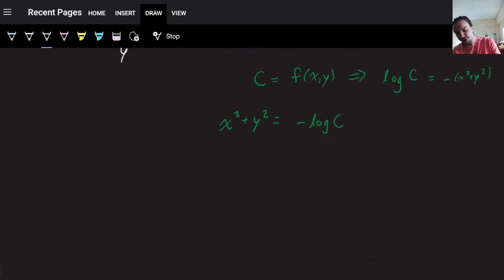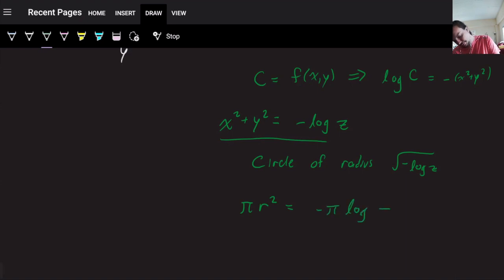Well, what's the area inside of this circle, right? So c, remember, was equal to z. The area inside of the circle x squared plus y squared equals minus log z. Well, this is a circle of radius square root of minus log z. And the area inside that circle is just pi r squared, which is equal to minus pi log c.